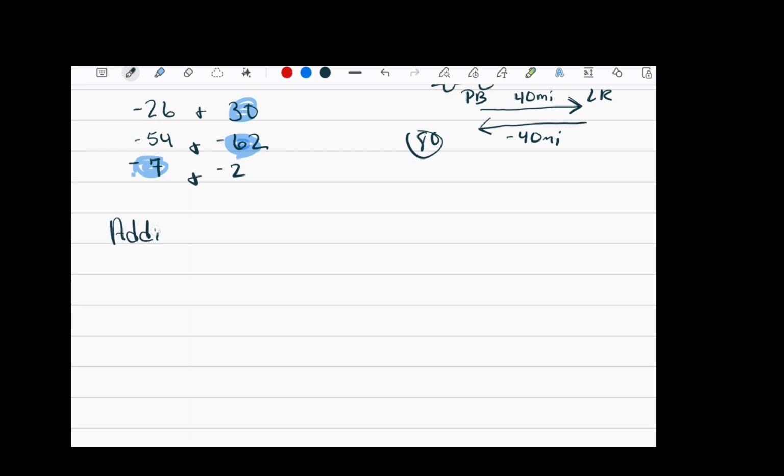Addition, the first operation. Addition of integers. The first thing I'll tell you to do is check the signs of the numbers.